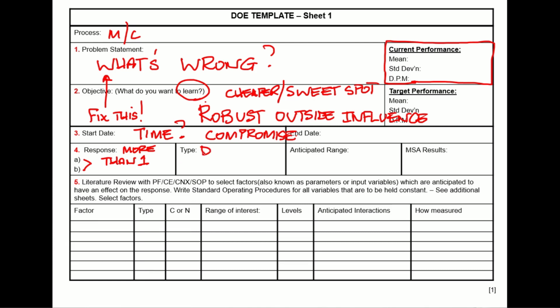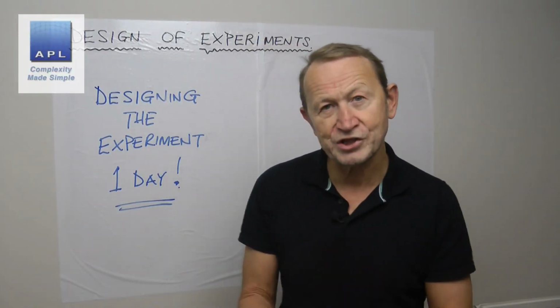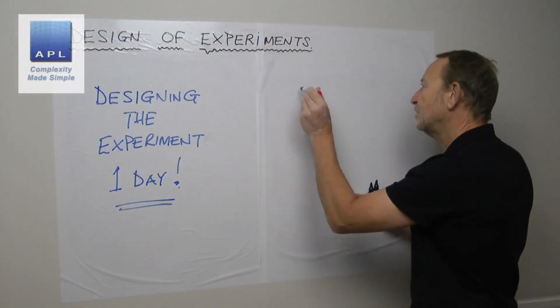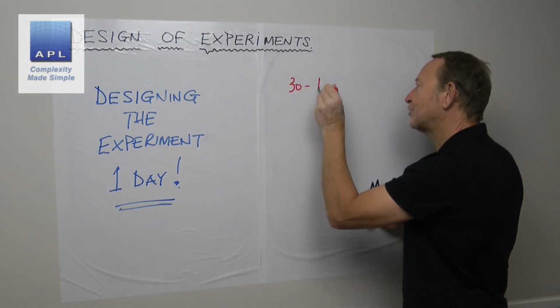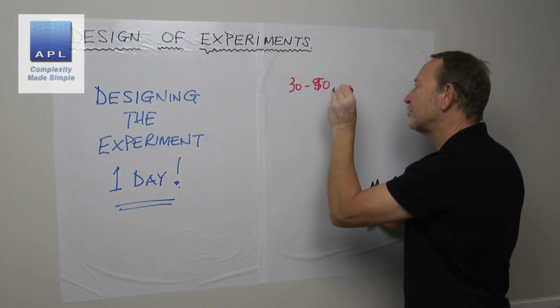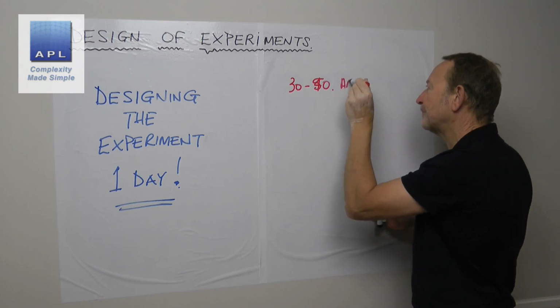Then the next box says, what type of data have you got? Now then, the data must be measurable. The data must be measurable. So let's talk about this for a second. Okay, in a previous video, we gave you a sample size. The sample size, of course, is clustering around the 30 to 50 area.